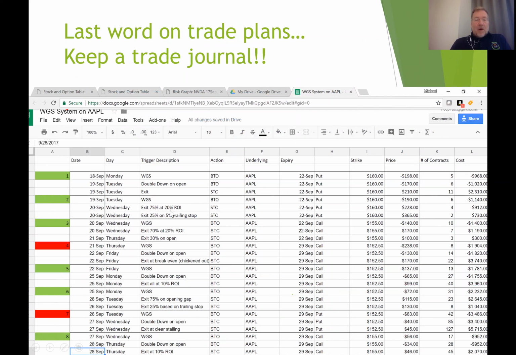Part of my trade plan on Green Goose on Apple is to exit 75% at 20%. I'm experimenting with 25% as well, but I'm exiting on 20% ROI on a partial, and then the balance on a trailing stop. As of this morning, your morning, the count is almost double in 13 trades. And that's Green Goose.